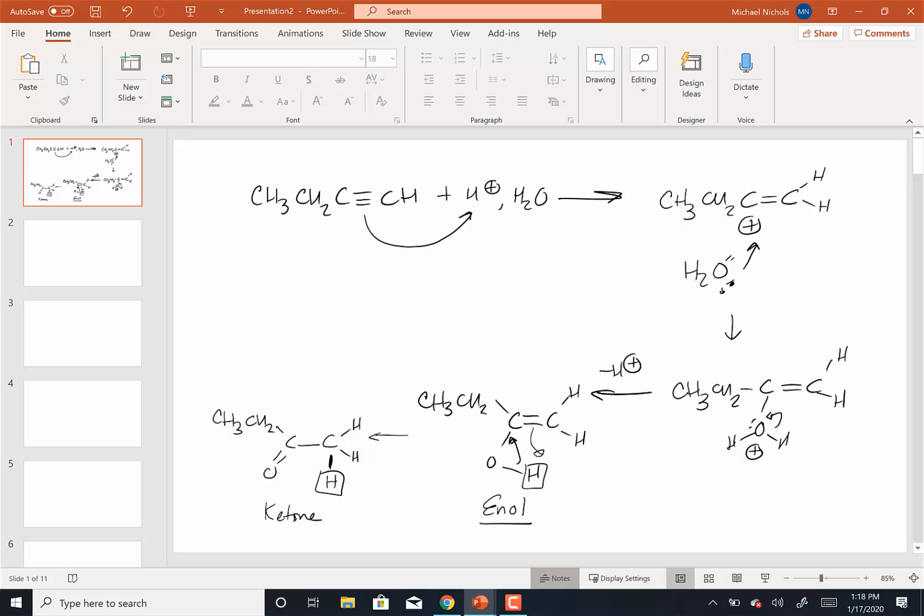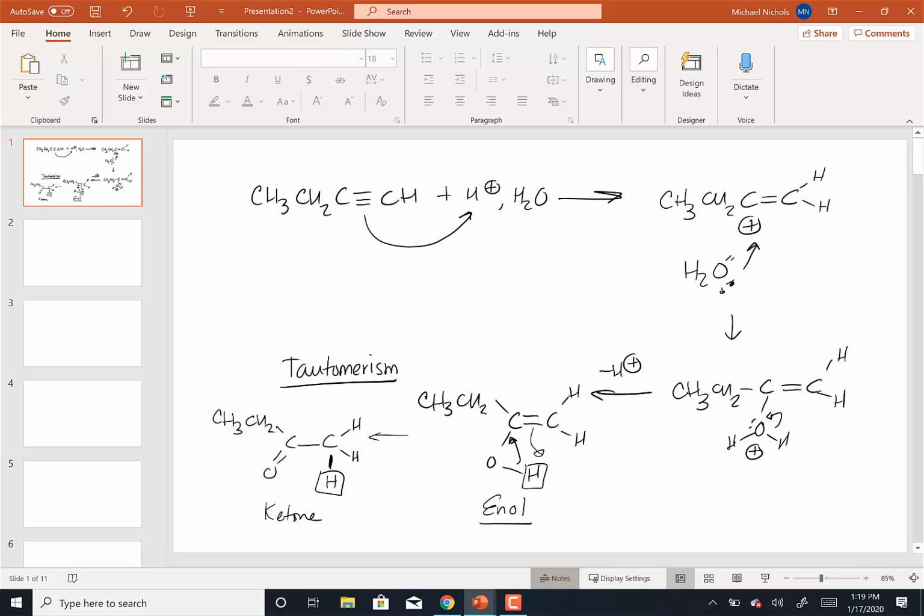So that would be the mechanism for not only the tautomerism, but also then for the entire mechanism. And tautomerism means that not only am I moving pairs of electrons, but I am actually moving a hydrogen.